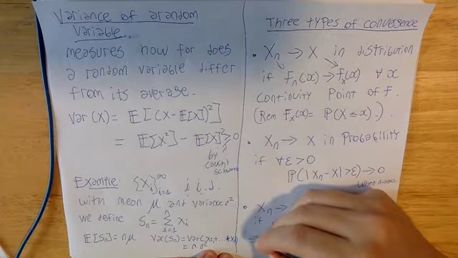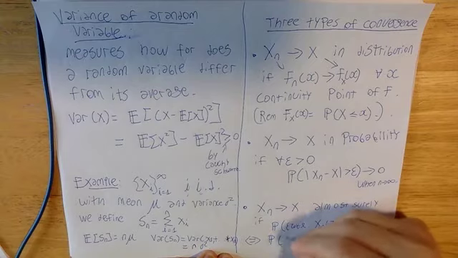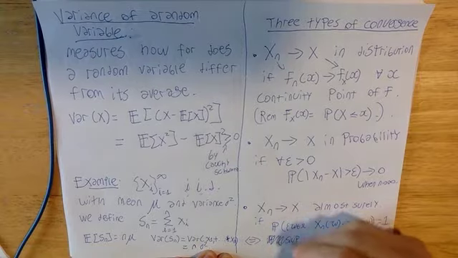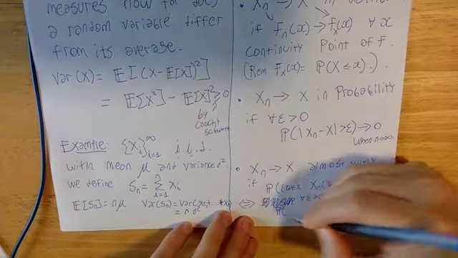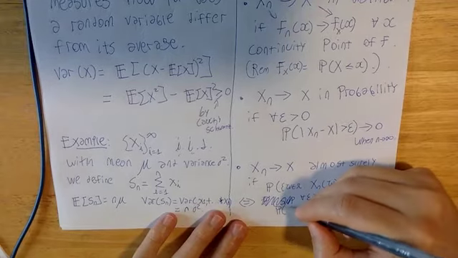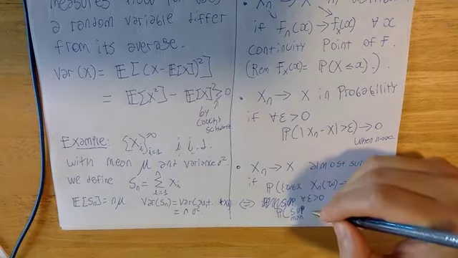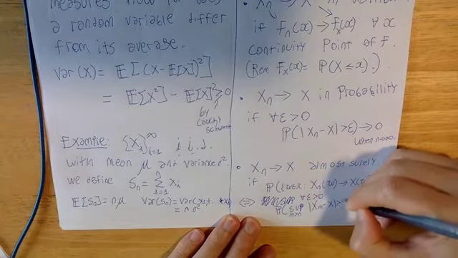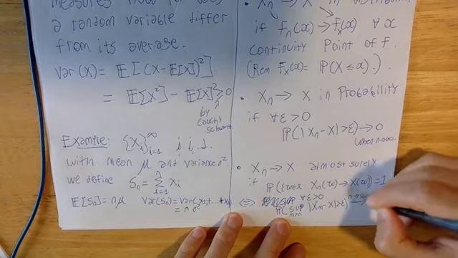So this is equivalent to, for every epsilon positive, the probability that the supremum over m bigger than n of |X_m minus X| bigger than epsilon goes to 0 as n goes to infinity.